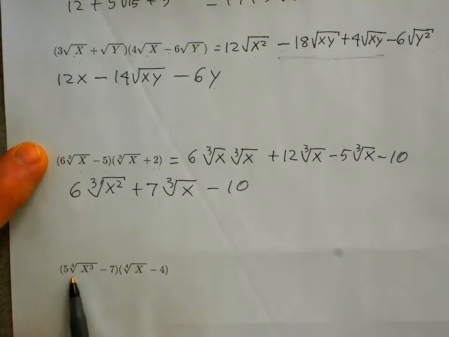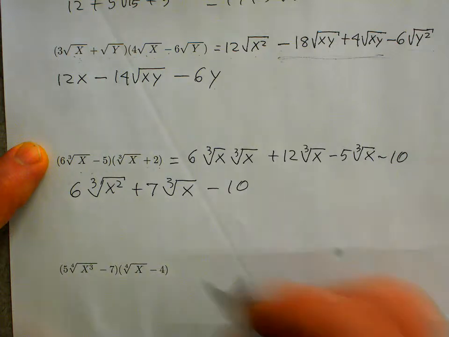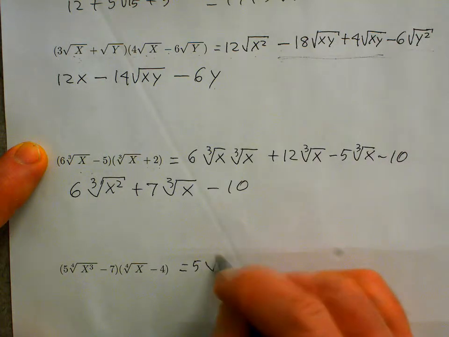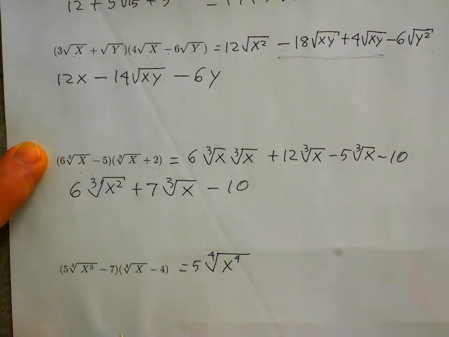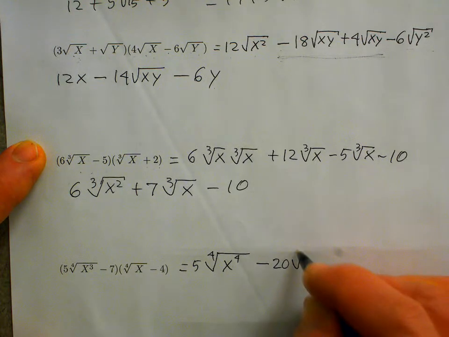5 times the fourth root of x to the third times the fourth root of x is 5 times the fourth root of x to the fourth, and then minus 5 times the fourth root of x to the third times 4. So minus 20 times the fourth root of x to the third.